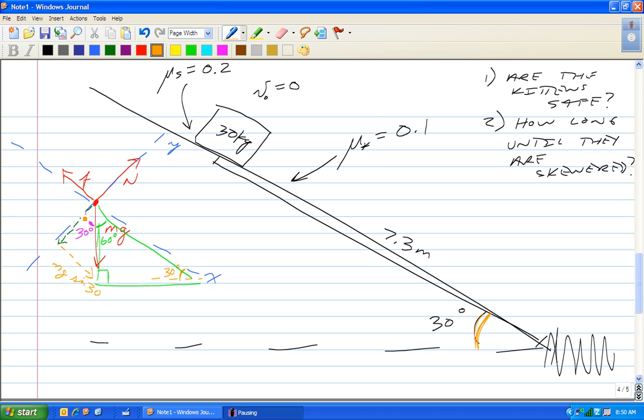Okay, slow motion. This angle's 30, therefore, the pink one: sine of 30 degrees equals the opposite, which we can call x, over the hypotenuse, which is mg. Therefore, x is mg times sine 30 degrees.